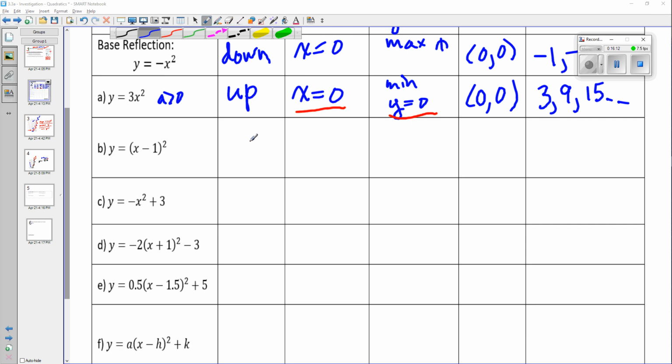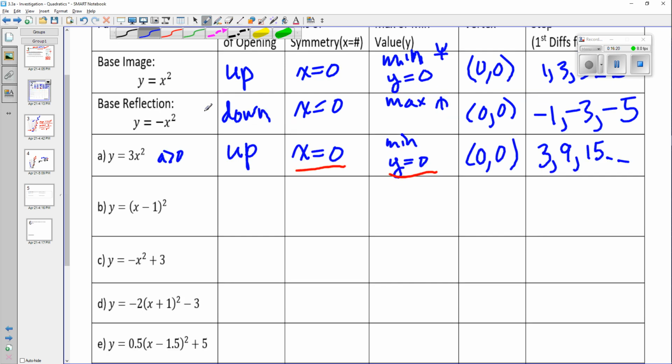So based on this work for y equals (x minus 1) squared, this graph is identical to y equals x squared, except it's shifted right. So if you think about it, it still opens up. Now, if this graph, y equals x squared, has moved to the right 1, the axis of symmetry has to move to the right.